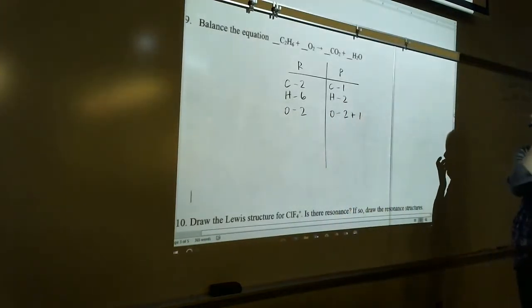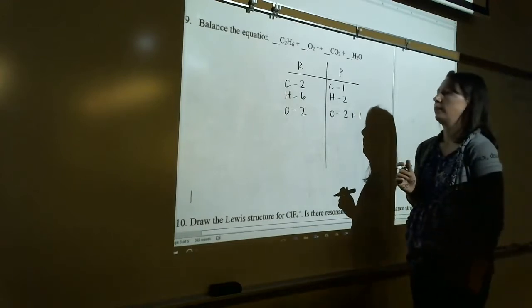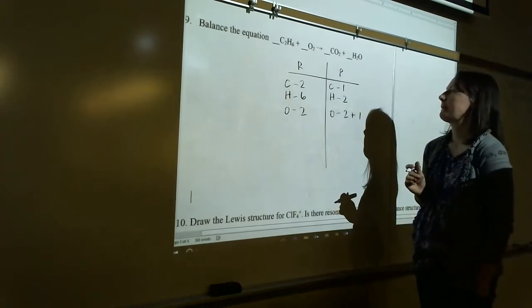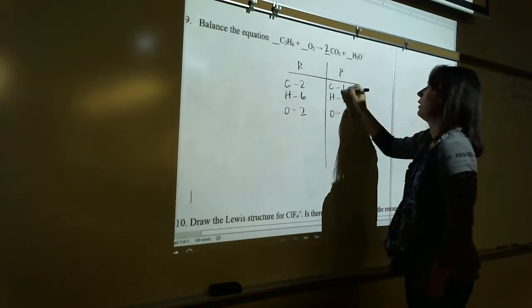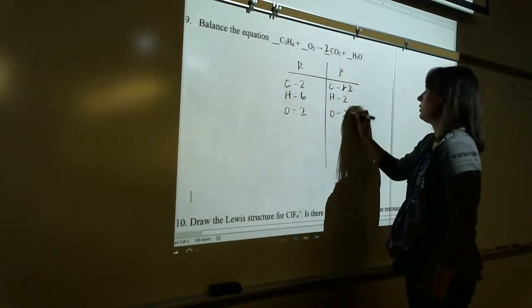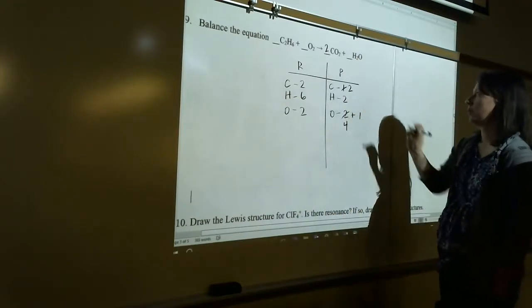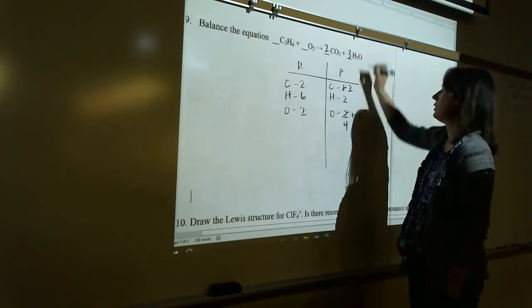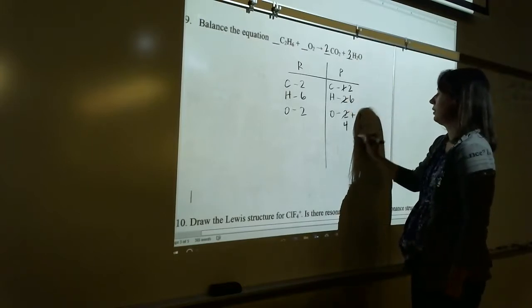All right, how do we balance carbon? Coefficient of 2, right? So 2 times 1 is 2, 2 times 2 is 4. How do we balance hydrogen? 3. So 3 times 2 is 6, 3 times 1 is 3.